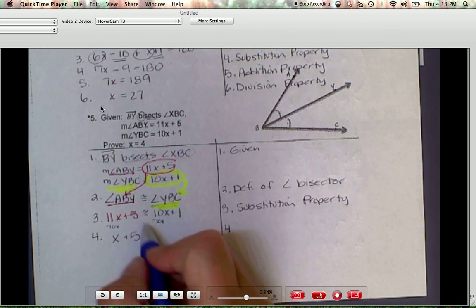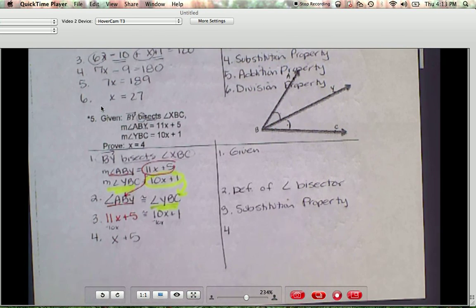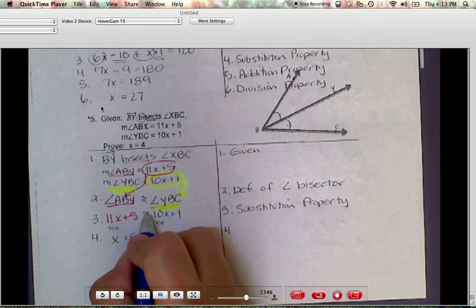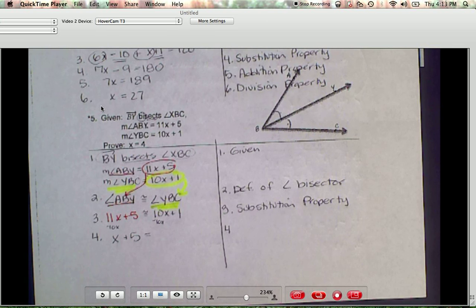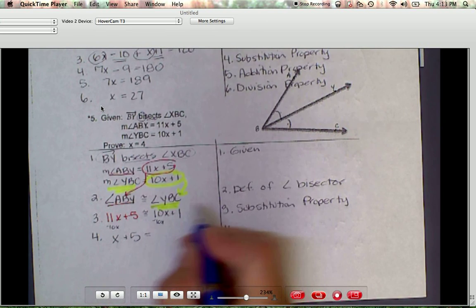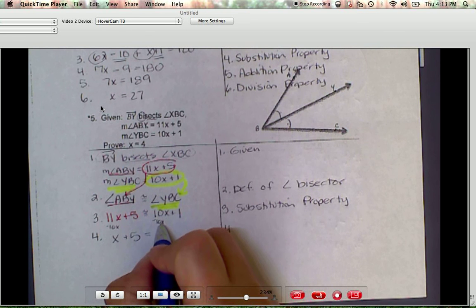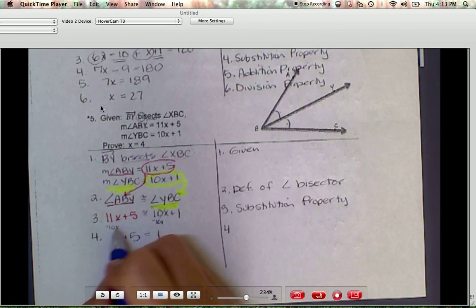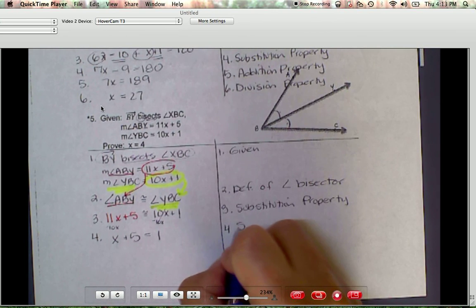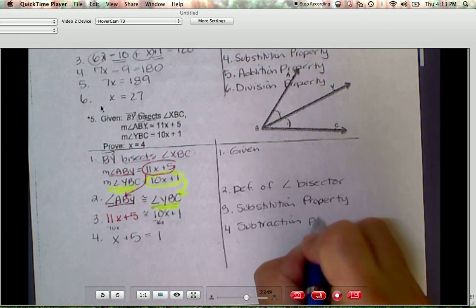But congruence and equality are the same idea. For the sake of this being a basic proof, let's just go ahead and change that into equality. You can't technically do that, but we will talk more about that later, okay? The idea still works, we just need a formal step in between here. Then over here, this drops out and we get 1. So we subtracted 10x from both sides, so that's subtraction property.